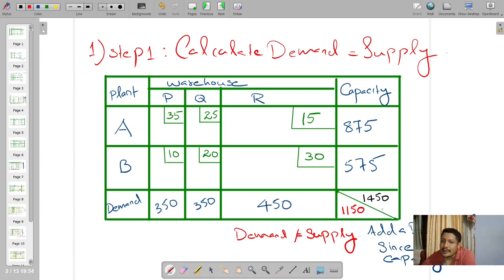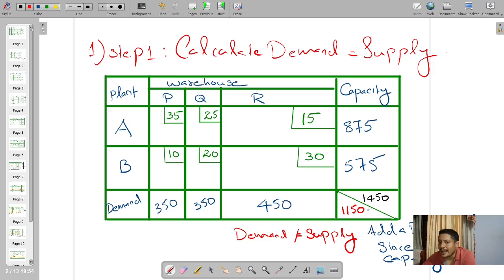We can see that the excess is in capacity, and the lesser quantity is demand. So in order to ensure demand equals supply, add a dummy column having a demand of 300, that's the difference between 1450 and 1150.